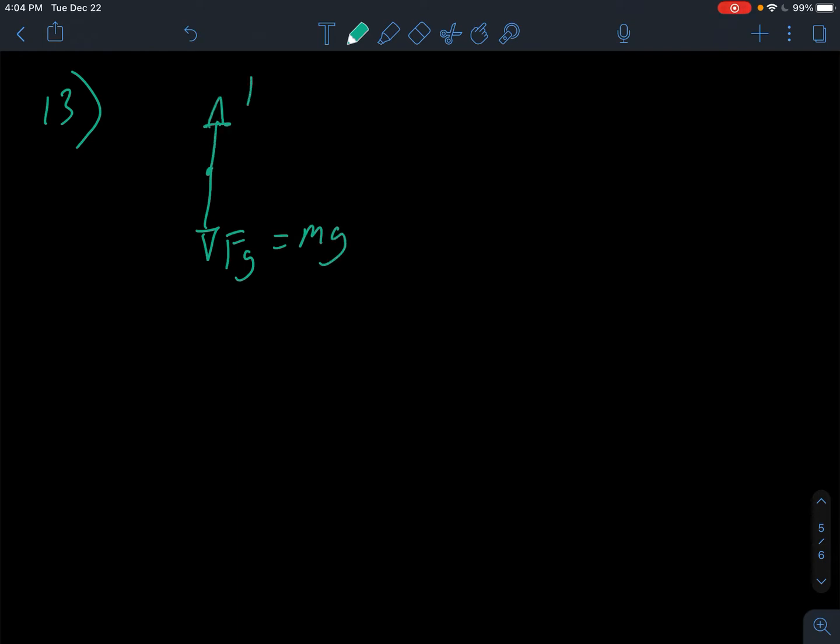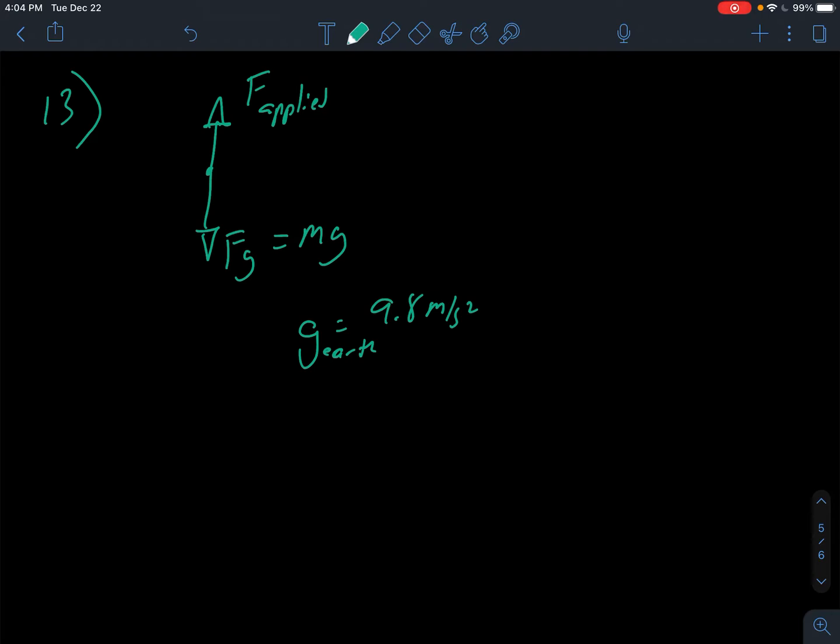So this would be some kind of lifting force or applied force going up. So whereas G on Earth is 9.8, so that would give us a bigger force. And I believe it's 1.6.